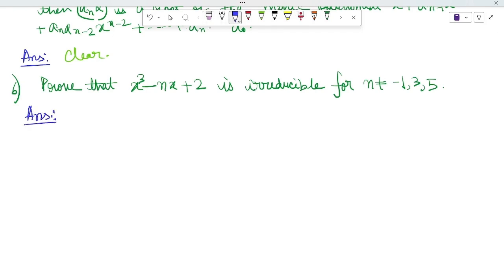What is the answer? Irreducible in Q[x], that means it is degree 3, so I can proceed by root test.